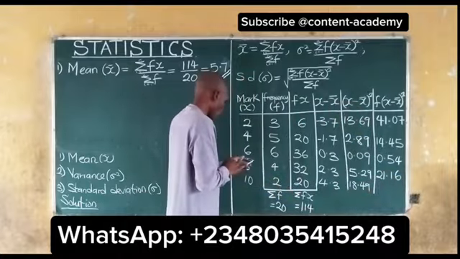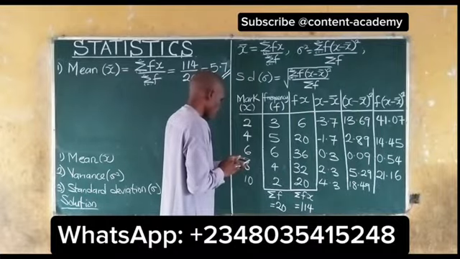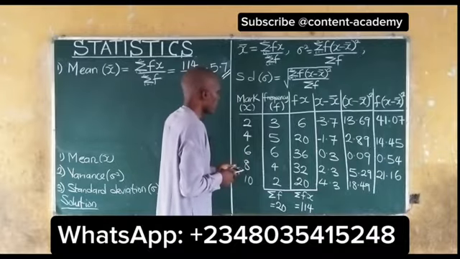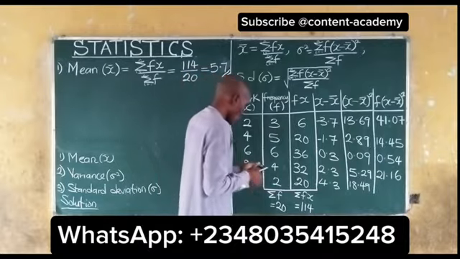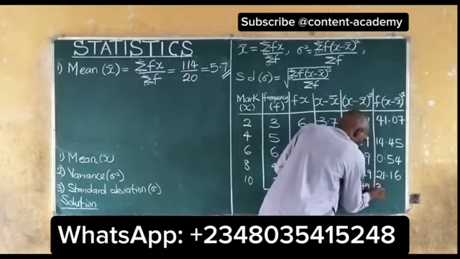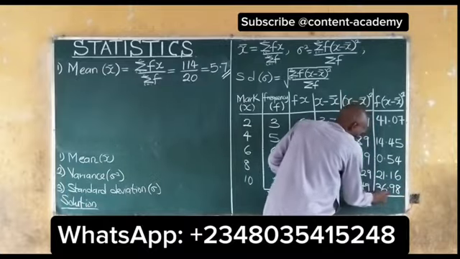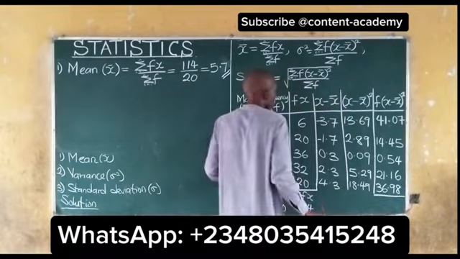And 2 multiplied by 18.49, we have 36.98.